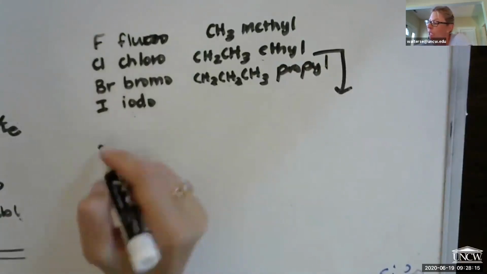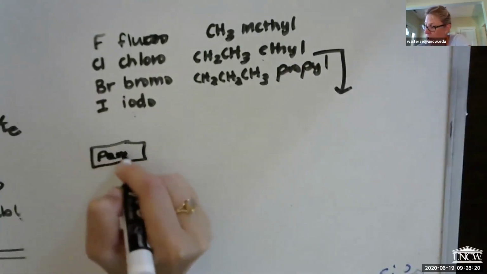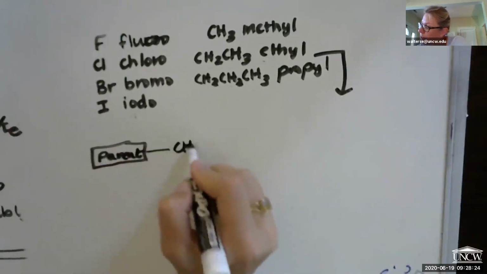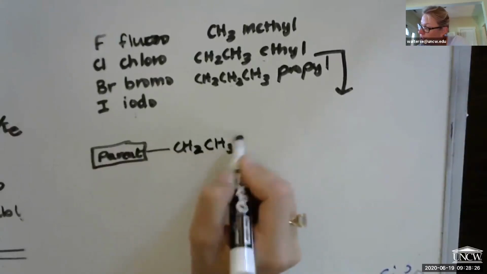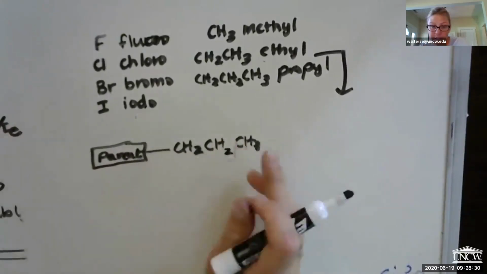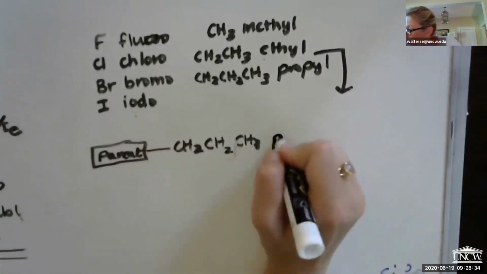Okay. If this is your parent, and you come out to your substituent, and it's just a propyl group, a straight chain coming onto a primary carbon, then it's called propyl.